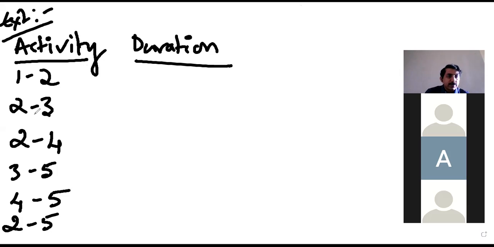So these are the list of activities. You can make note of this. Duration, let us consider this time in months.